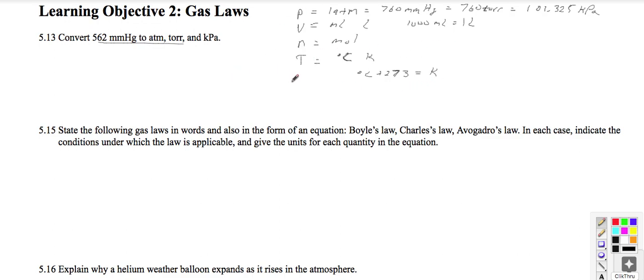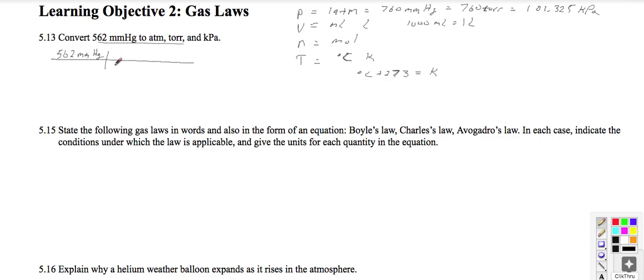forth appropriately. So the first one, we have millimeters of mercury, and we want it in atmospheres and in torr. We set it up like this: 562 millimeters of mercury, and we just use factor label.